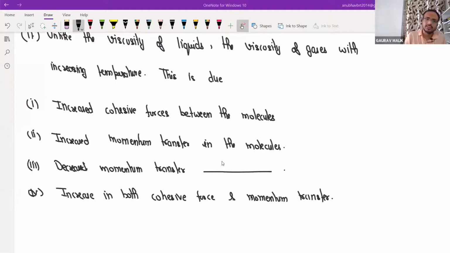Again, it is also a UPSC question. Increased momentum transfer, so second is the correct answer. If you know the concept, then you are able to solve such type of question.